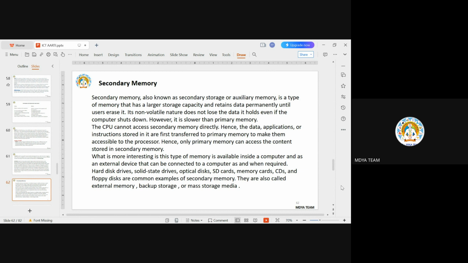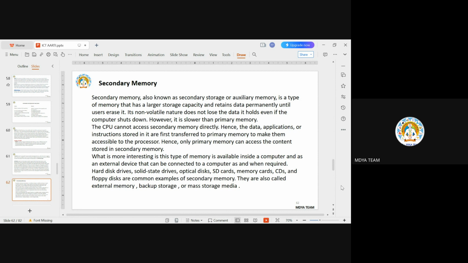Okay. Then, suppose I save some data on my desktop and I want to open it. I give the instruction to the computer that I want to open that data. The CPU will give the instruction to the cache and then the RAM, and then the RAM to the secondary memory.